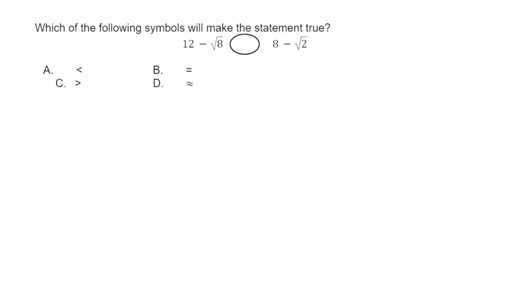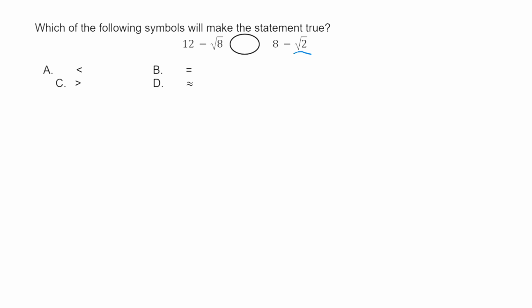Which of the following symbols will make the statement true? So this one, let's try to estimate, but let's try to lessen the estimation, not that really exact. Okay? So start first with square root of 2. Recall again our perfect square numbers.